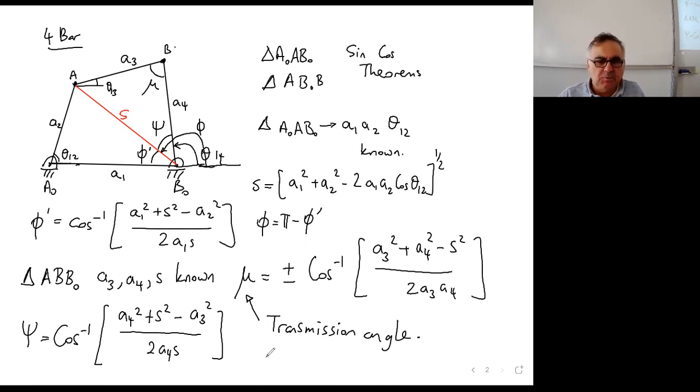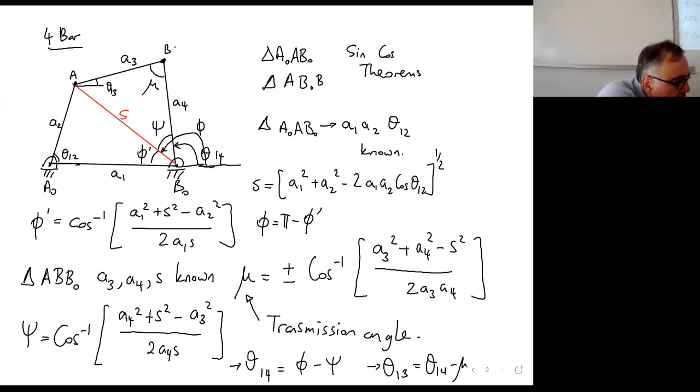Theta 1,4 is pi minus psi, and theta 1,3 is pi minus mu. So you can solve for these for the four-bar mechanism.